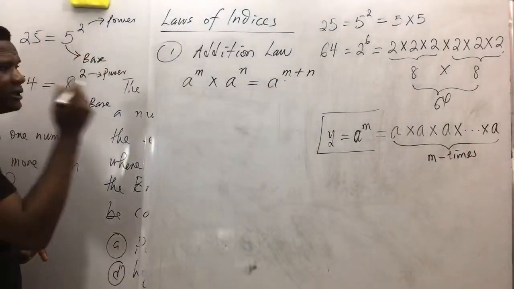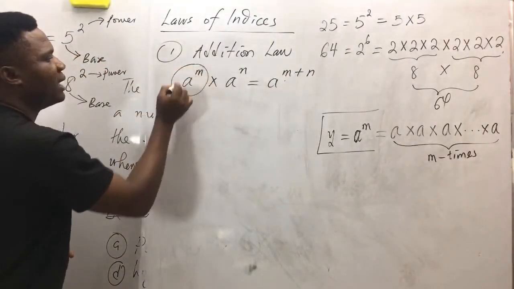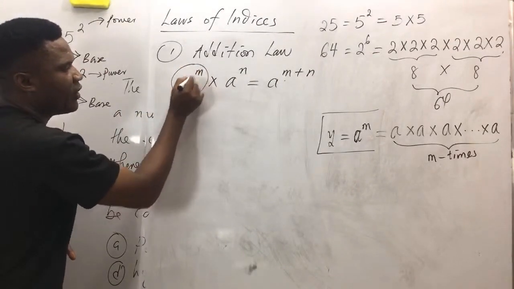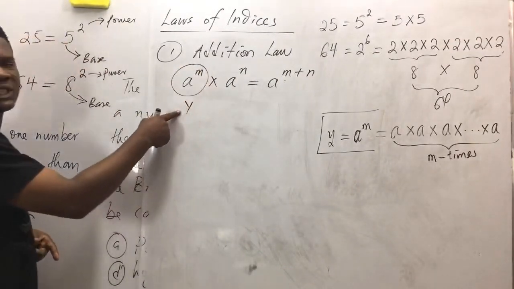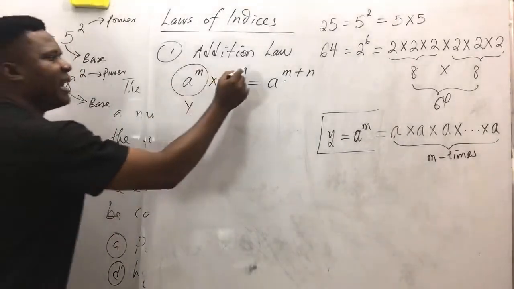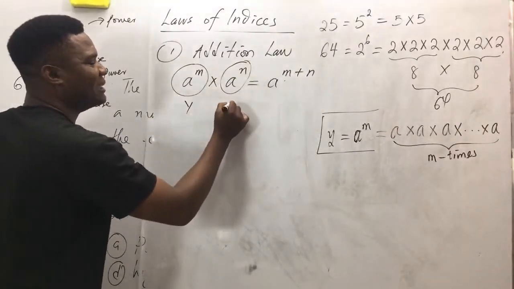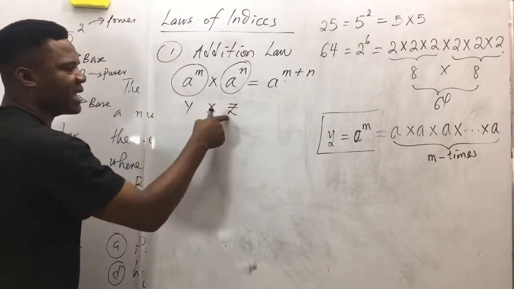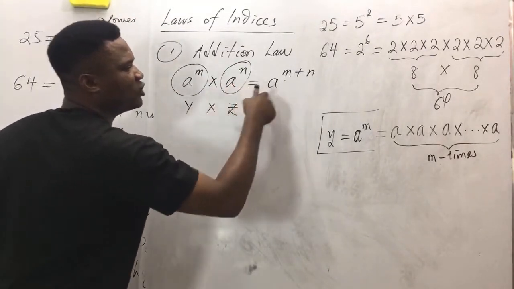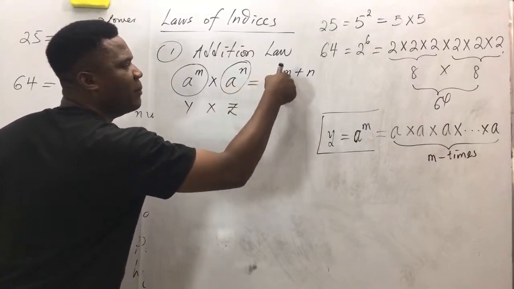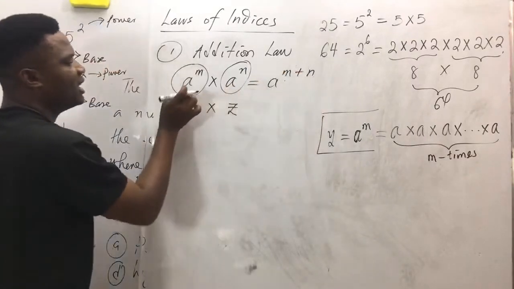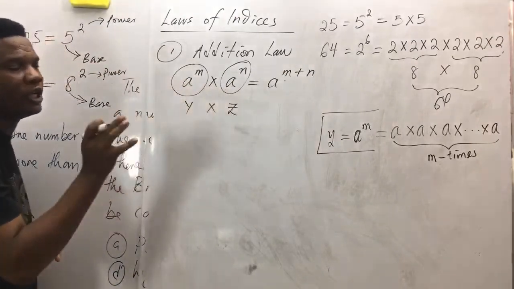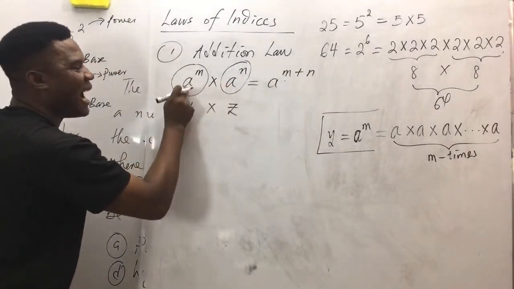Let's assume I have a raised to the power m as the index form of this number y, and I have a raised to the power n as the index form of this number z. So multiplying y with z can be simplified using this expression a raised to the power m plus n, provided the bases are the same.